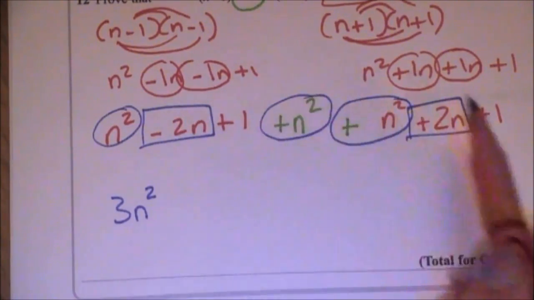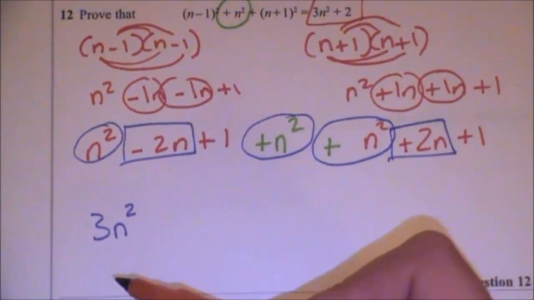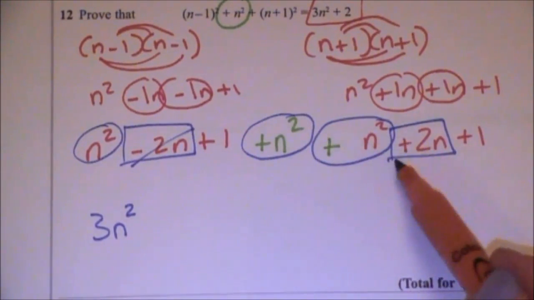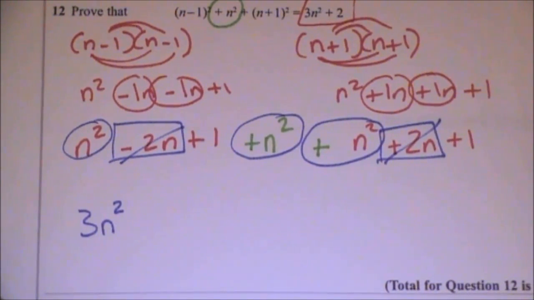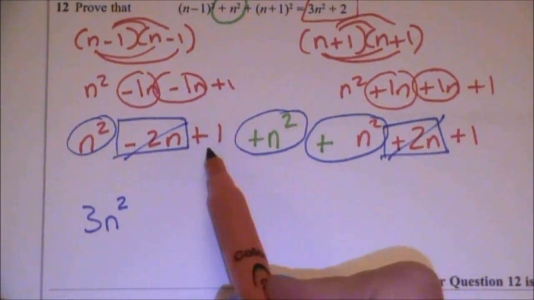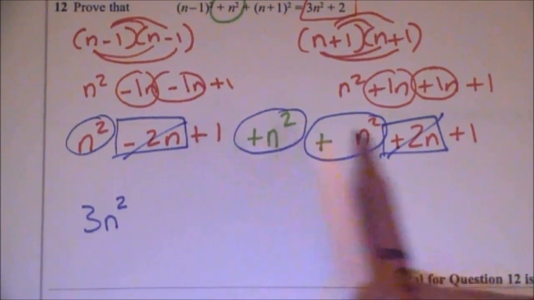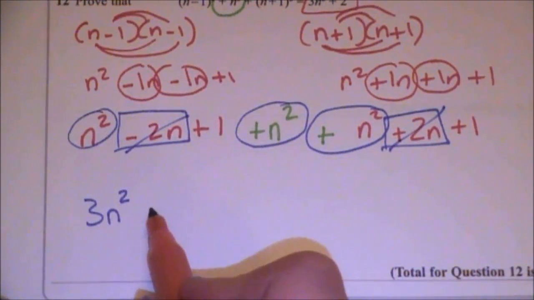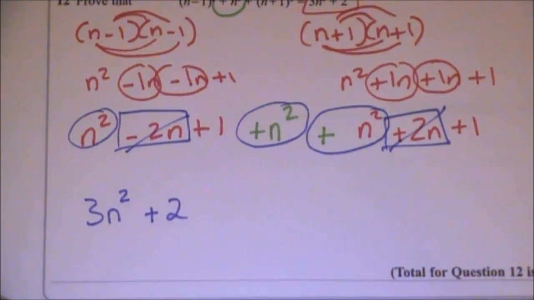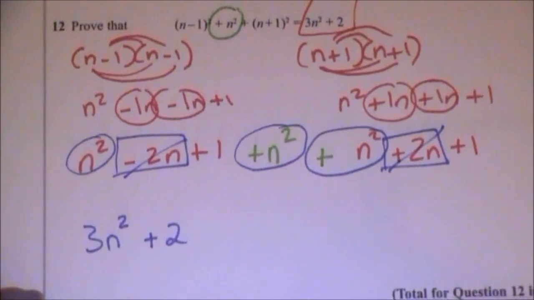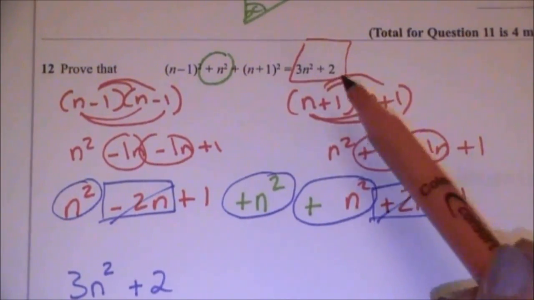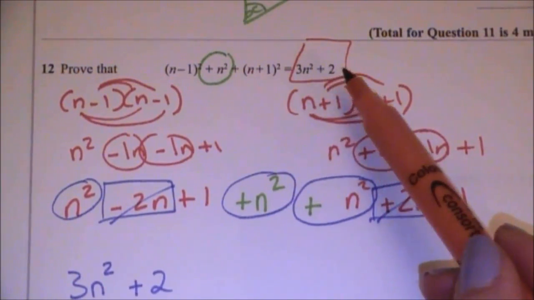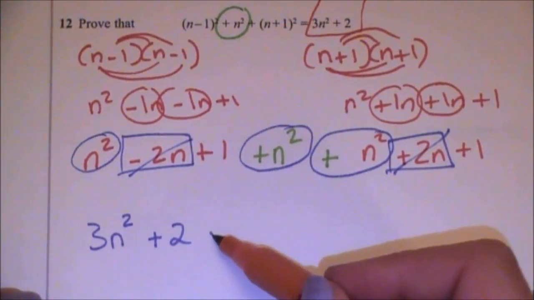A negative 2n, add 2n leaves you with no n's. So they cancel each other out. They've gone. And then left with just numbers on their own, I've got a positive 1 and a positive 1. So together I've got a positive 2. And now for the drum roll and the moment of truth. 3n squared plus 2, 3n squared plus 2.